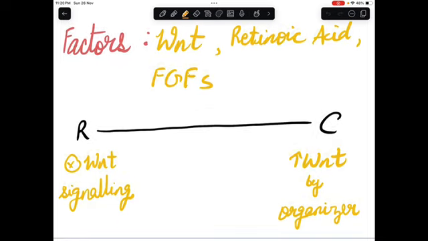Let me reiterate the point that when the ectodermal cell was isolated from its nearby cells, we saw that its default was differentiation into neural tissue. And here we see that in the absence of any secreted proteins like WNT, the cells transform into an anterior character type of cell.